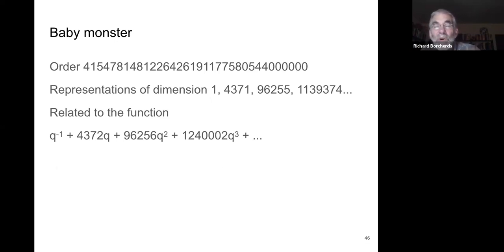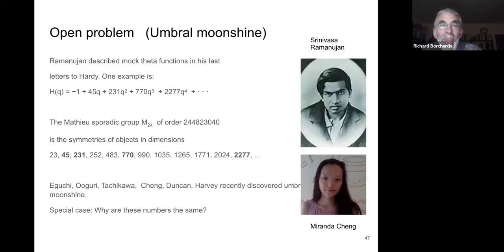And there's another more complicated function whose coefficients are very similar. So the function has a coefficient 4372, which is very close to 4371. And there are some more problems like this that we don't yet really understand. So here are some open problems.